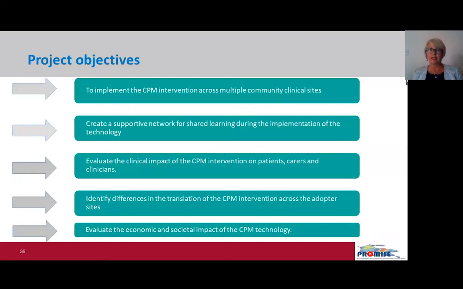So we're looking at community pressure monitoring across the multiple community clinical sites, looking at what support is required to scale it up, evaluating the clinical impact of continuous pressure monitoring, identifying the differences in the translation to those different sites and how they potentially alter how it works, and then evaluating the economic and societal impact.